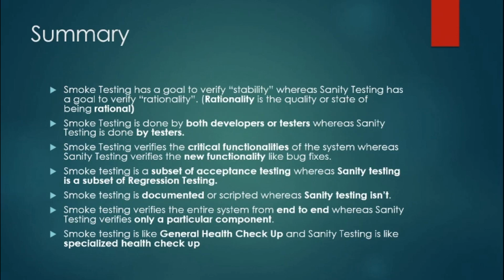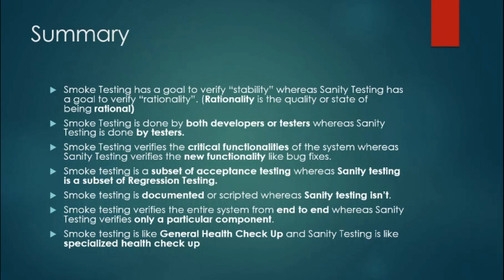Okay, now let's understand the summary. As I told you, smoke testing is done in order to verify the stability of a software, whereas sanity testing is done to verify the rationality. When I talk about rationality, it means the quality or state of being rational, meaning the software is reliable.